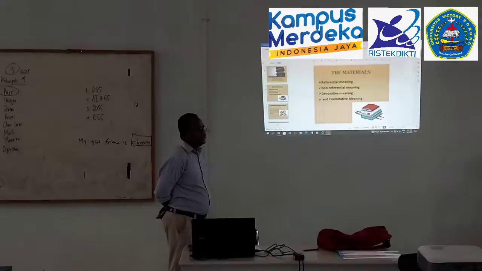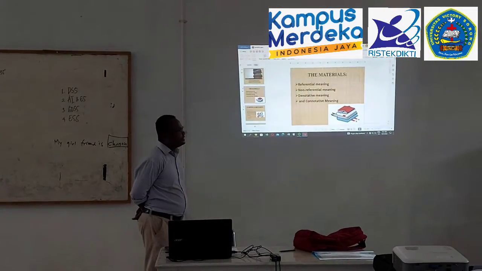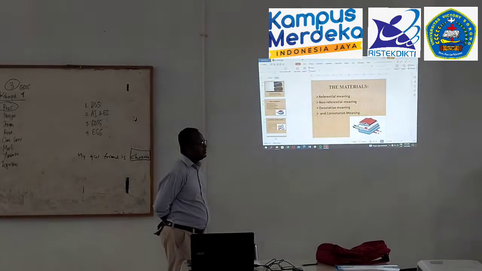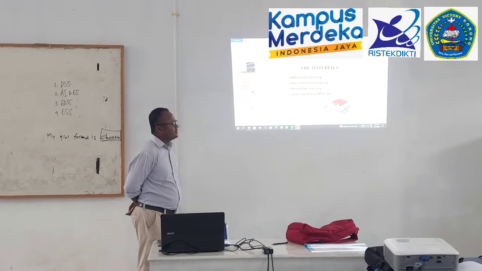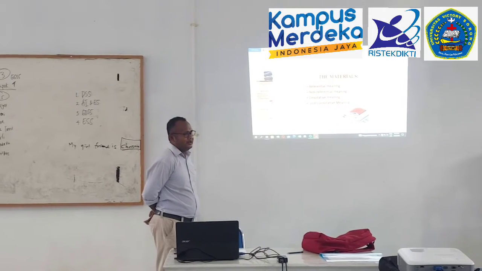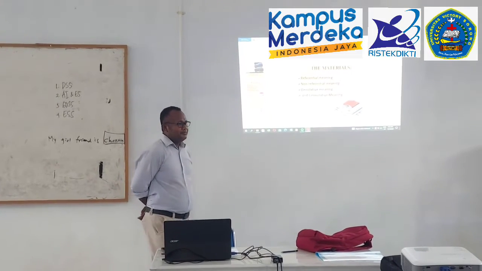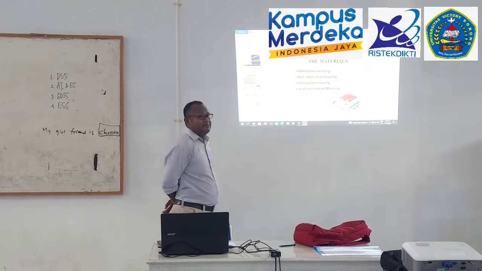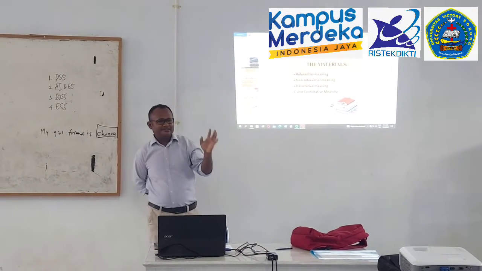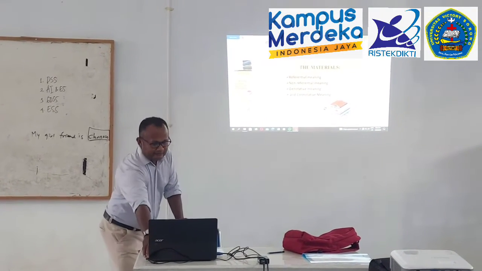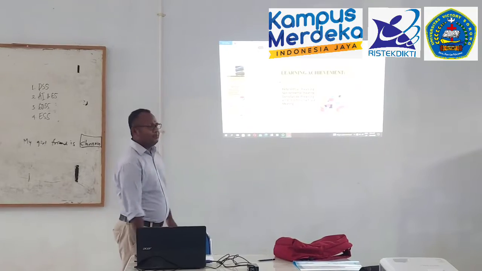The first one is referential, the second one is non-referential, the third one is denotative, and the last one, conjugating all kinds of meaning, is connotative meaning. Okay? Remember it well that today we only have 4 items of meaning. Okay, next slide. Who can help me with this?